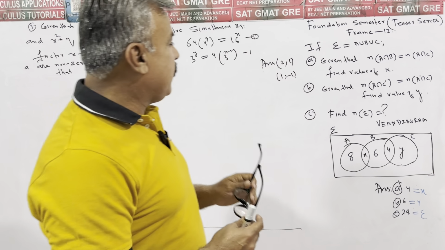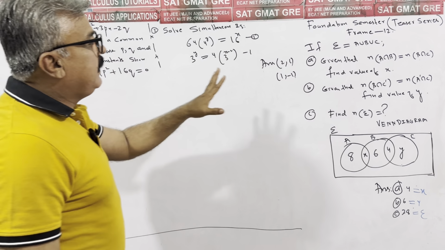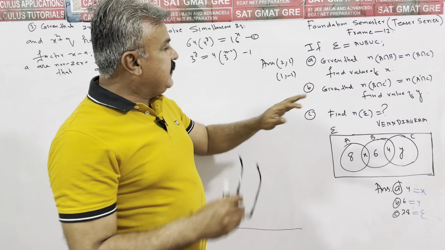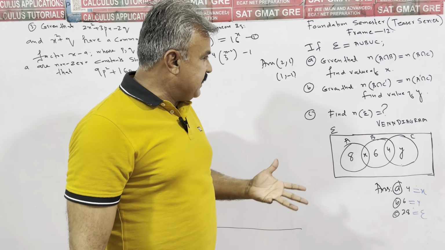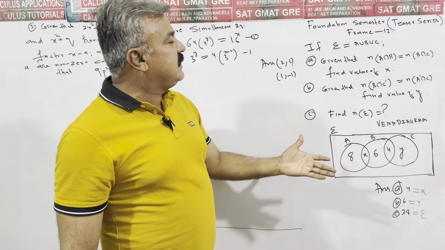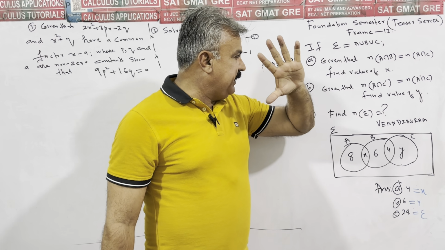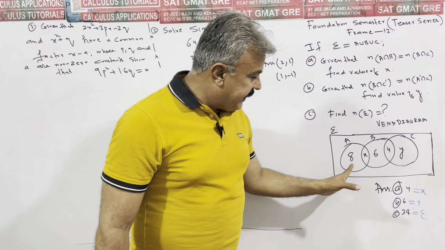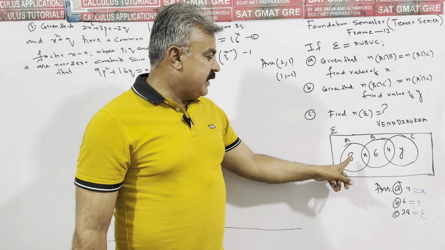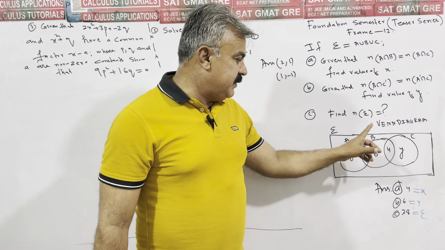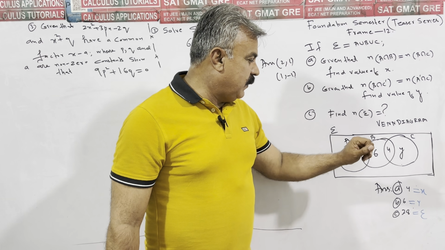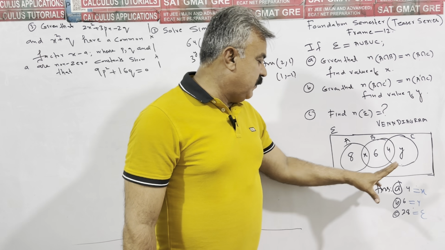Okay, let's start. Our question number one. Here, epsilon means universal set. It is given to us that E is the union of A, B, and C. A diagram is also given: members of A are 8 and X, members of B are X, 6 and 4, members of C are Y and 4.